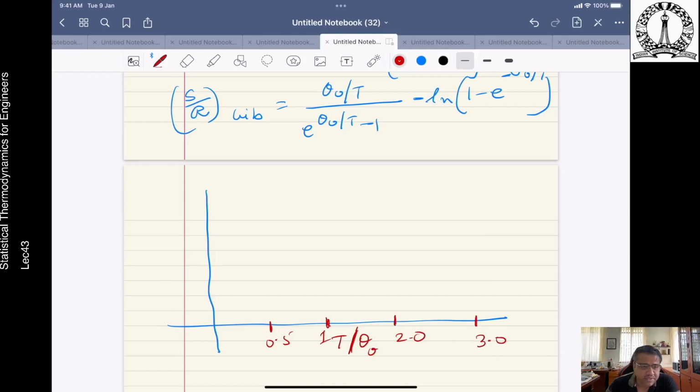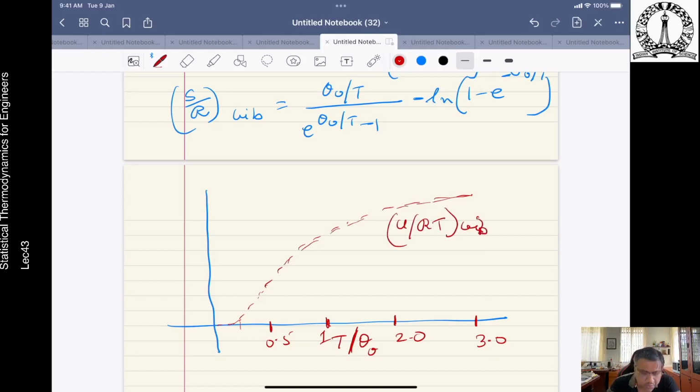Initially there is no contribution, then it starts to pick up a little bit, and then it goes like this. This is U by RT vibration.